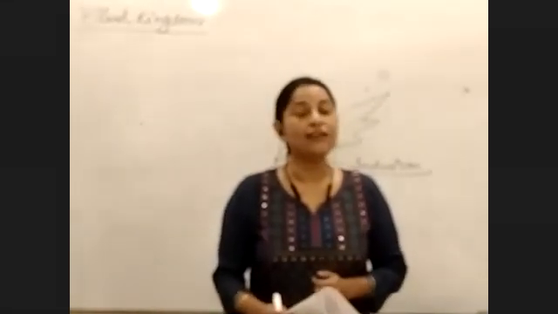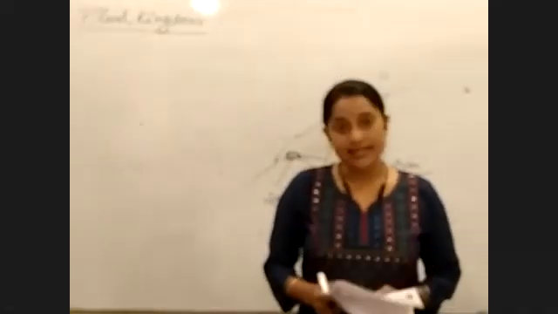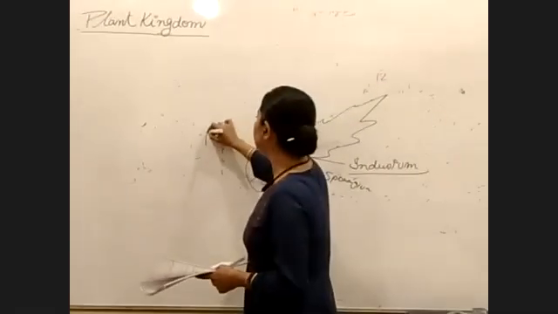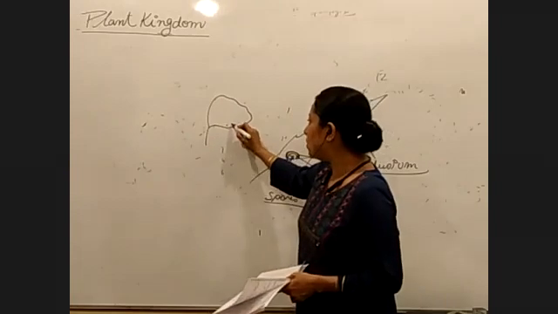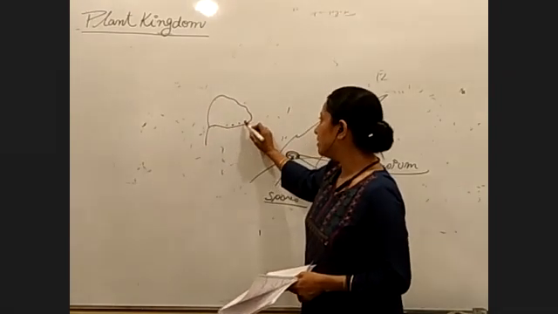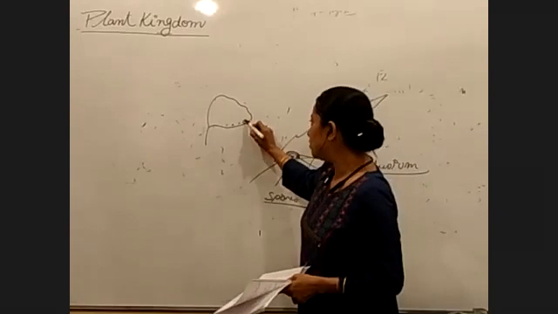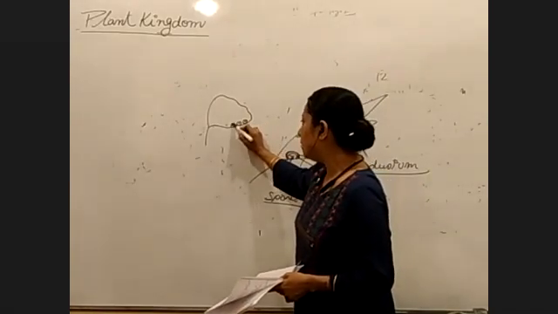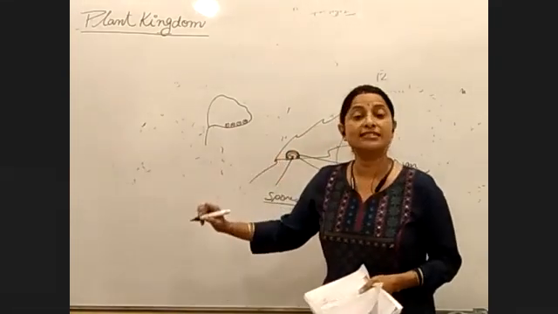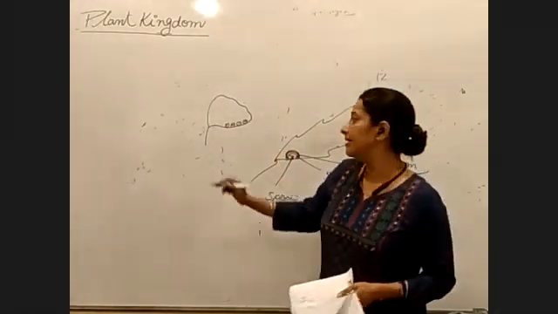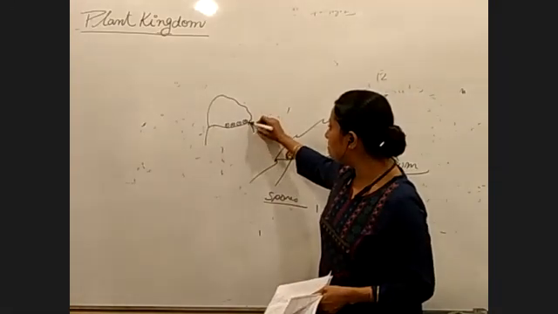What is adiantum? Walking fern. Now, in case of adiantum, the leaf we drew is something like this. In case of adiantum, they will also develop spores, right? Spores will develop inside the sporangium, but they will not have a specific covering called indusium. Instead, the margin of the leaf, right?